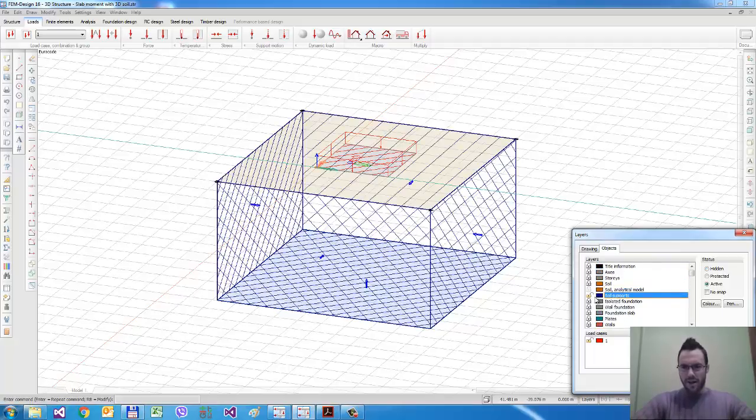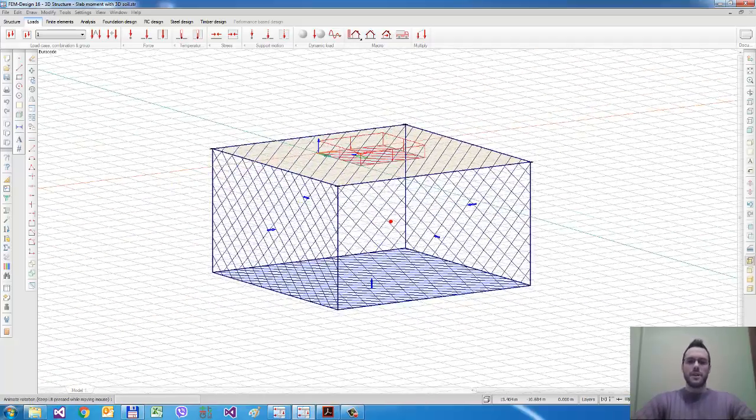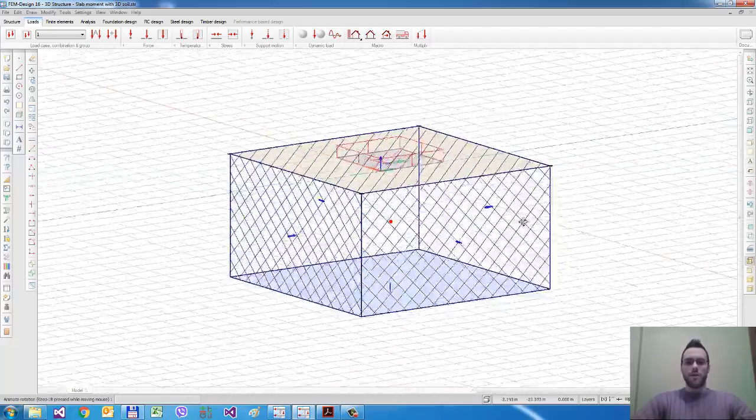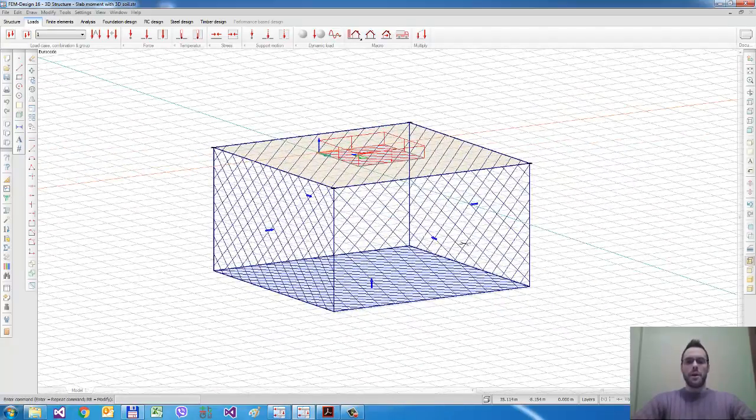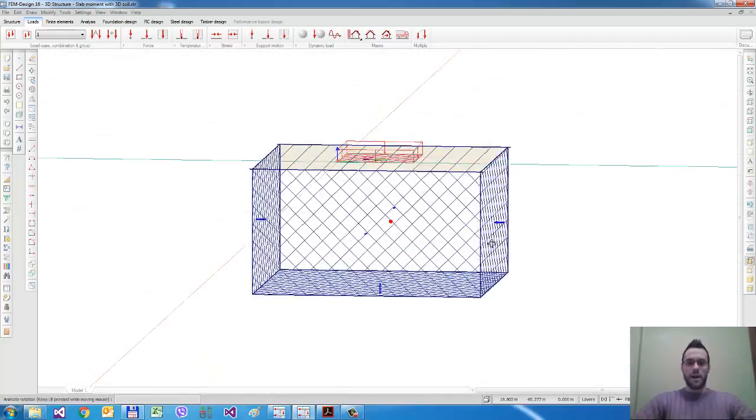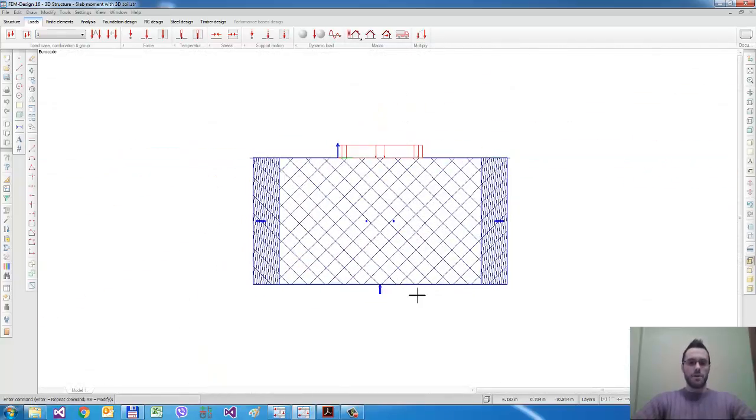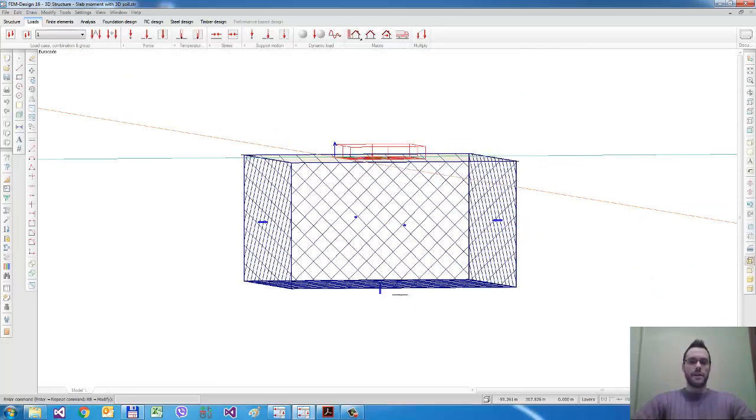You can check the soil support here, and you can see that at the side walls we have support only in the perpendicular direction of the side wall, and at the bottom of this soil block we have just vertical support.